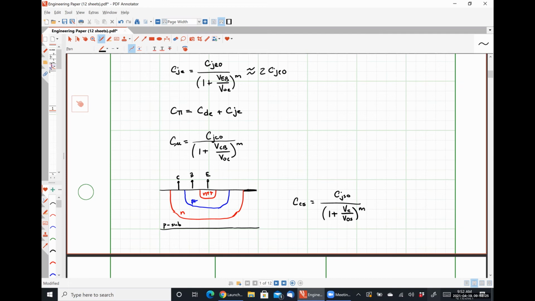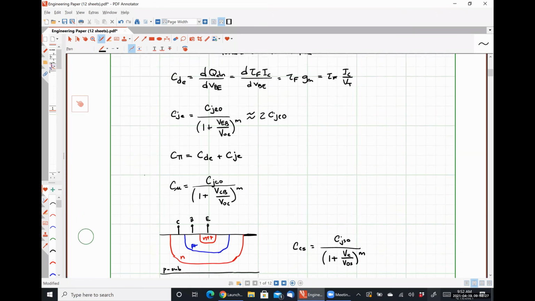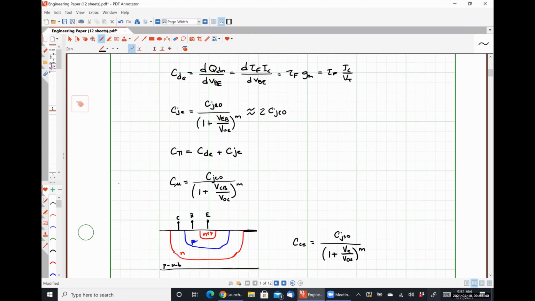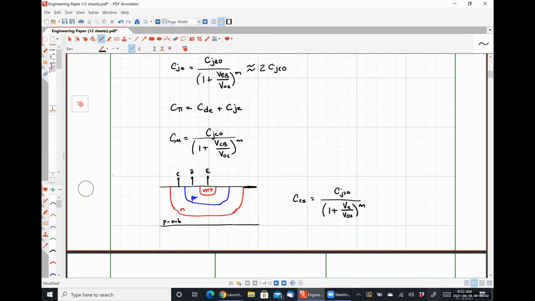So in all of our other junction capacitances, we have a double subscript notation for our voltage in the numerator here. So this is the voltage between the collector and the base. This is the voltage between the base and the emitter, or the emitter and the base, etc. Here, we're only using VC because we are assuming for this NPN transistor that our substrate will be tied to ground.